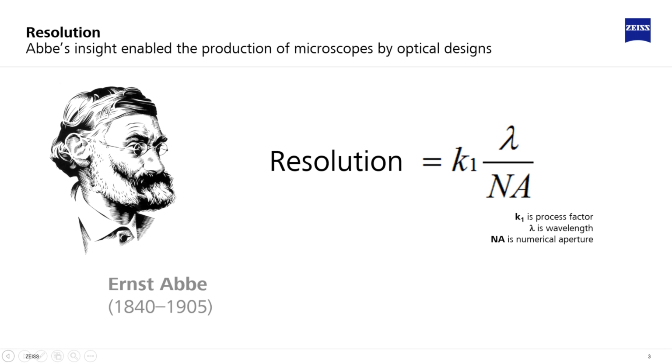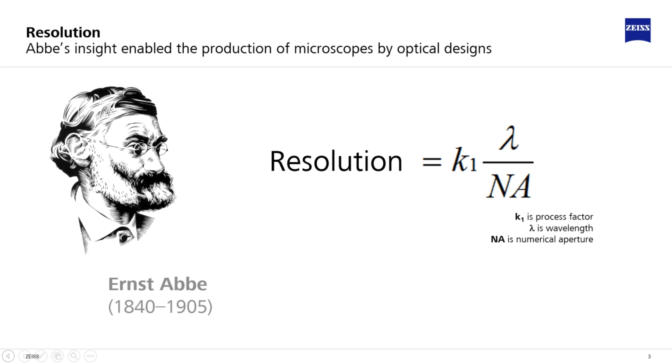Today, Abbe's formula is used in optical lithography in the form resolution equals K1 times lambda over NA. K1 is the process factor and a measure for the capability of the manufacturing process. NA is the numerical aperture and describes the opening of the light cone at the wafer.